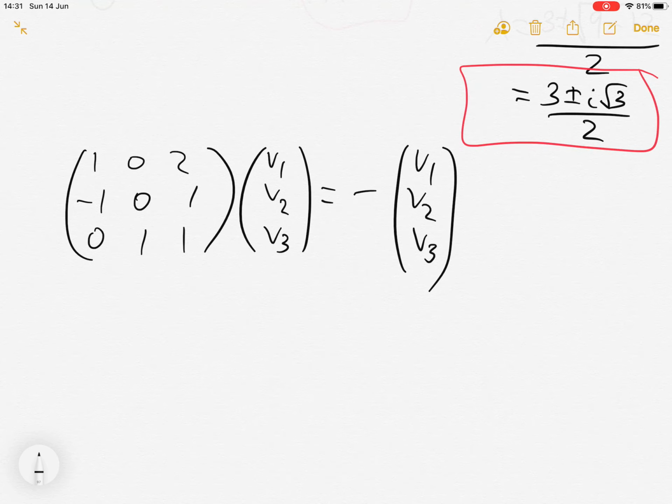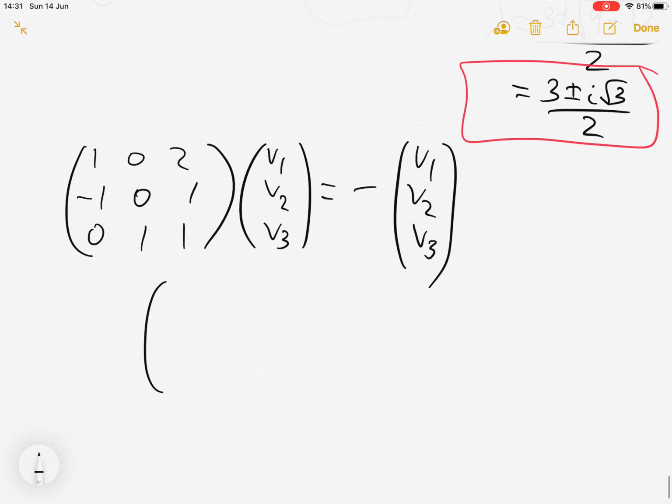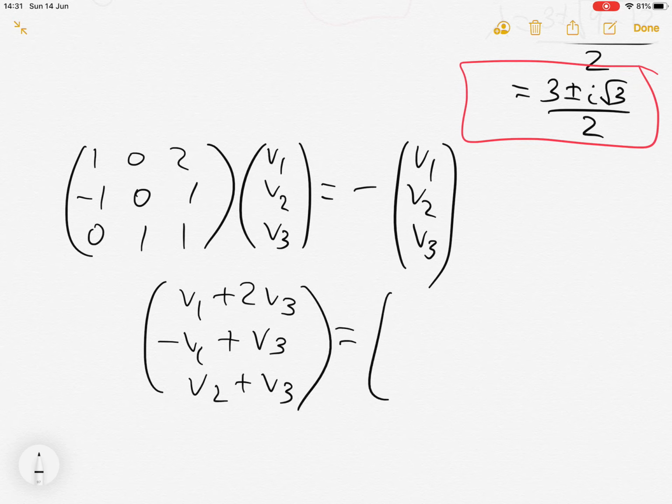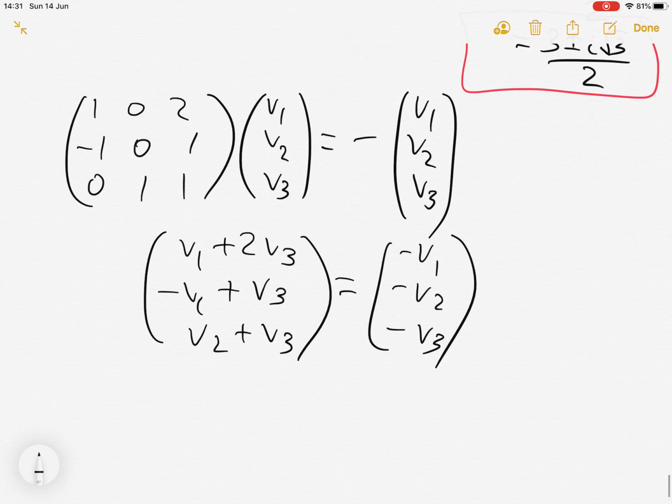So from expanding this left-hand side, we get v1 plus 2v3, minus v1 plus v3, v2 plus v3 equals minus v1, minus v2, minus v3. So from the top row, we'll get v3 is minus v1.